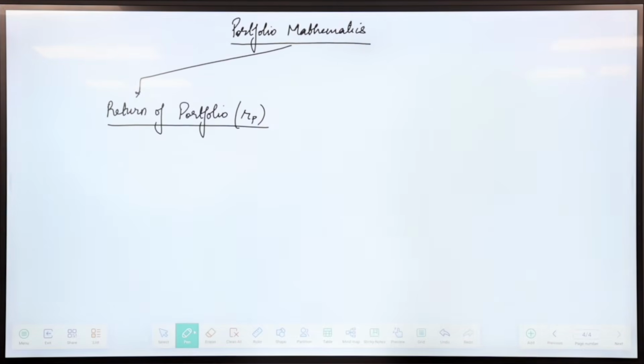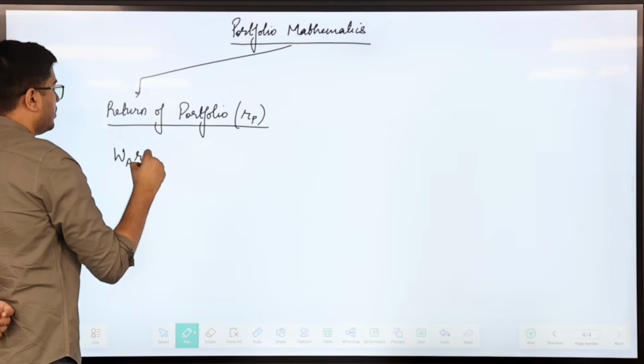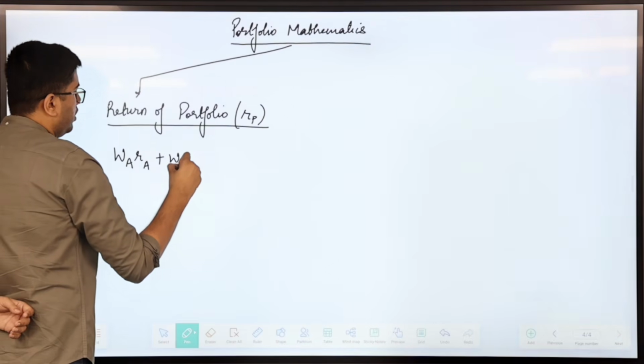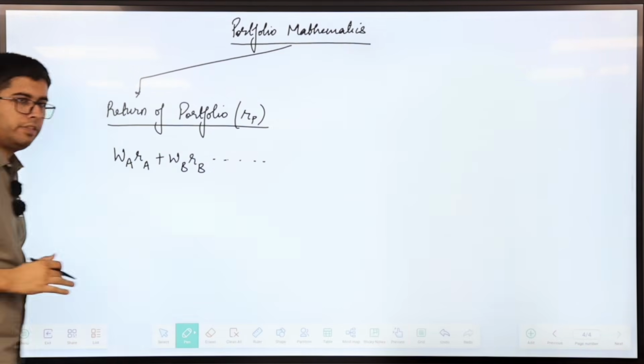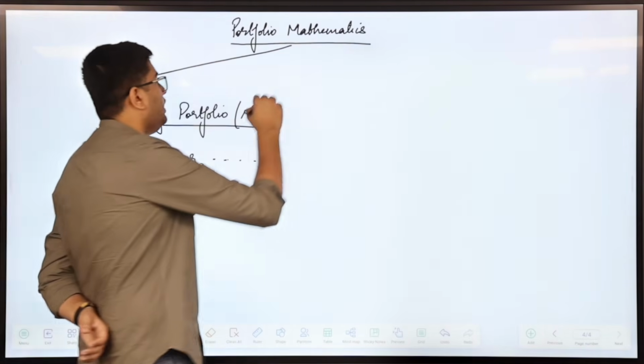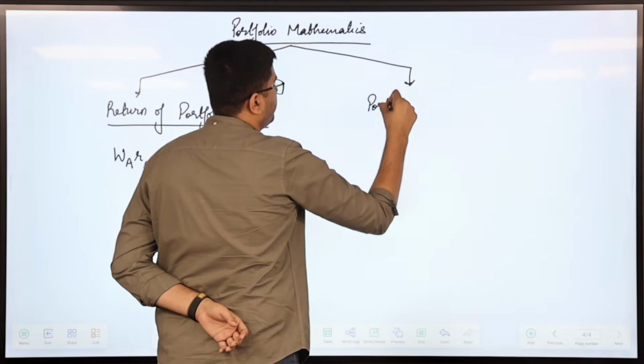One is return of portfolio, which is simply weighted average. And you can extend this formula for as many securities as you have. The second calculation is portfolio risk.